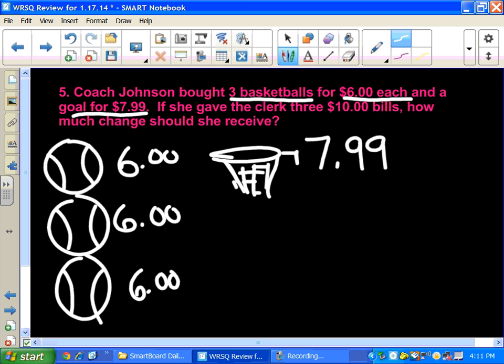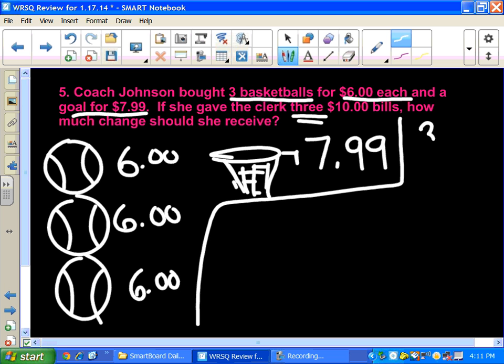Okay? It also said that she gave the clerk 3 $10 bills. So if we're looking over here, this is what she bought. And then if she gave her 3 $10 bills, I know that's 3 times 10, which she gave the clerk $30. Very important. We are looking for how much change. So in order to find the change, we need to know how much did everything cost.